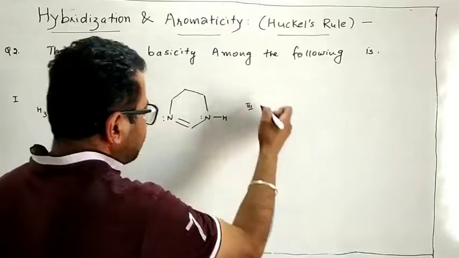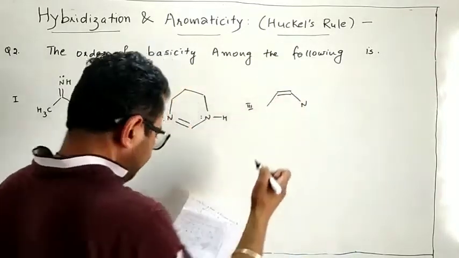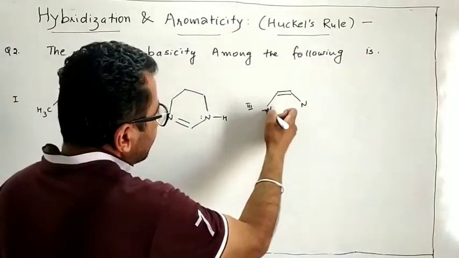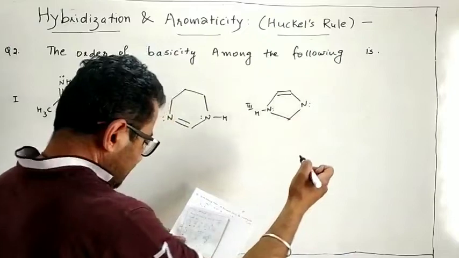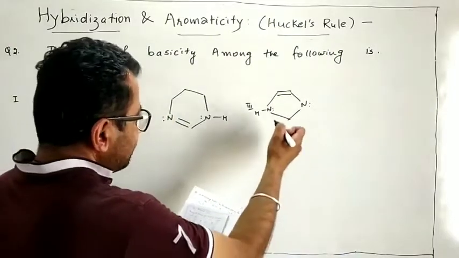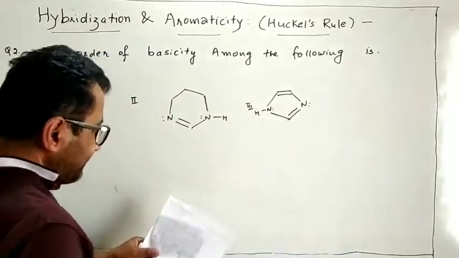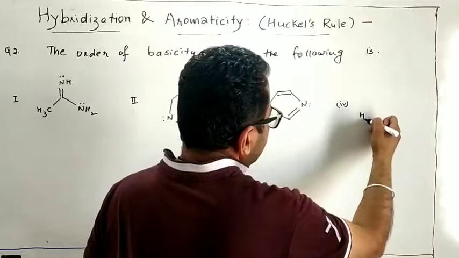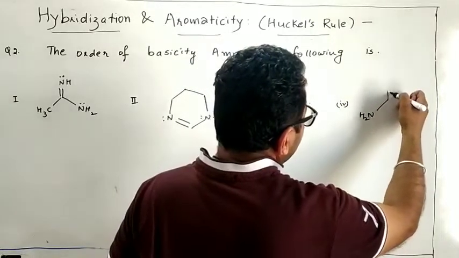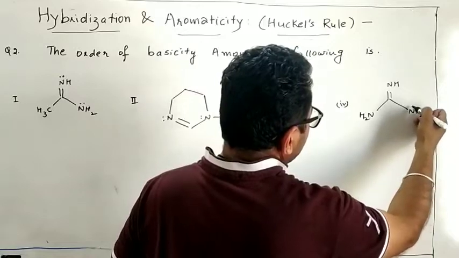Number 3 is a ring like this, so this nitrogen has a double bond. And number 4 is H2N double bond, NH single bond, NH2.